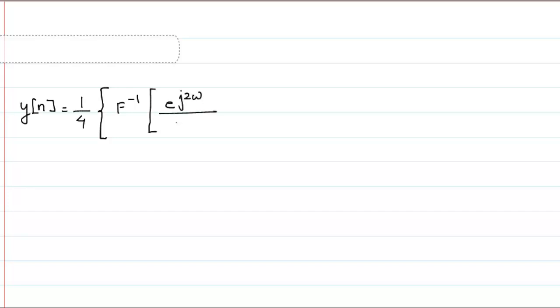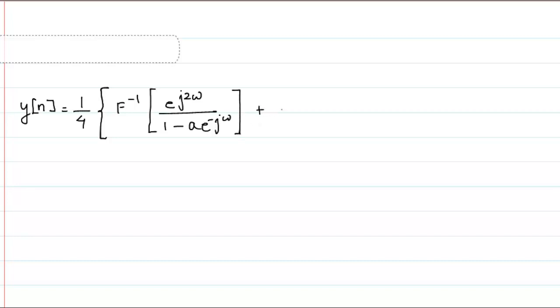Therefore, writing afresh, y of n will be obtained as follows. I will take 1 by 4 common because that is a constant. Then I will have the Fourier inverse of the first component, which was e raised to power j twice omega divided by 1 minus a e raised to power minus j omega.